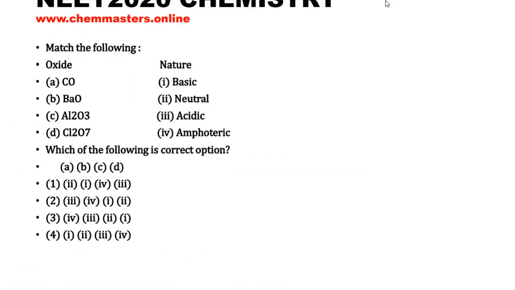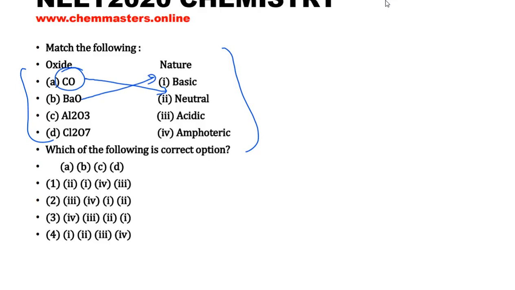Here, match the following. We have given the same questions in the poll questions in our ChemMaster official. So what is CO? Simply CO is neutral, barium oxide is basic in nature, Al2O3 is amphoteric, and Cl2O7 is acidic in nature.